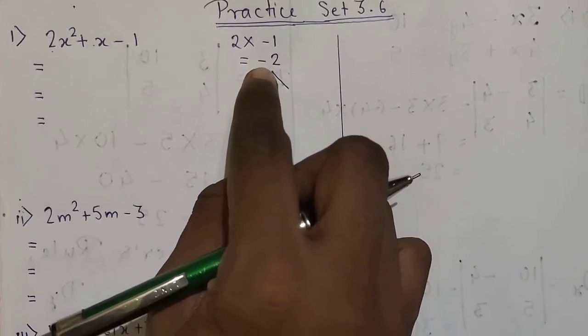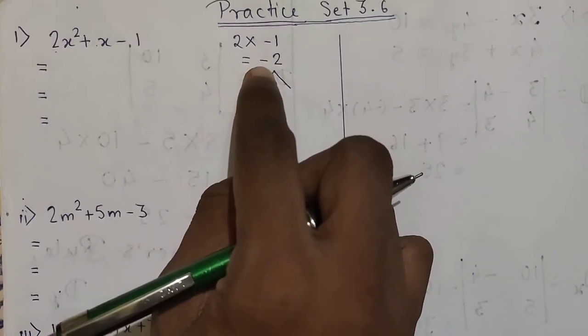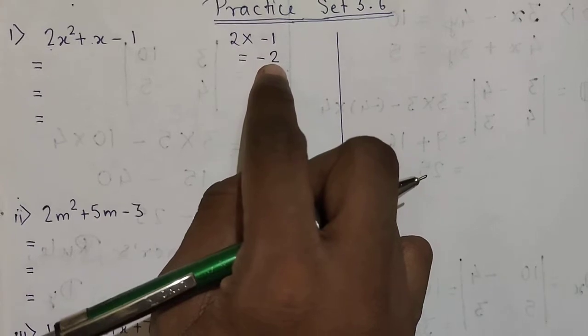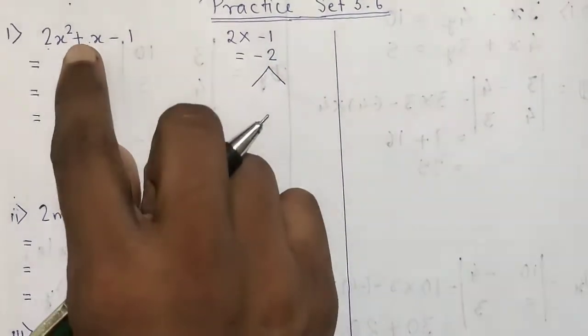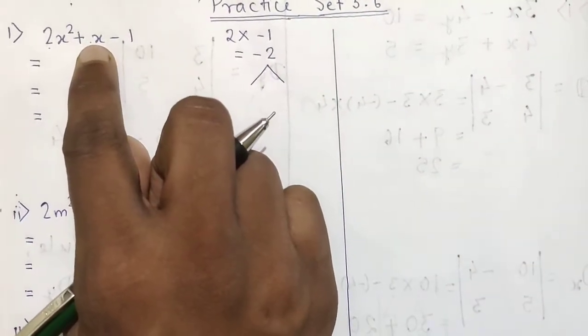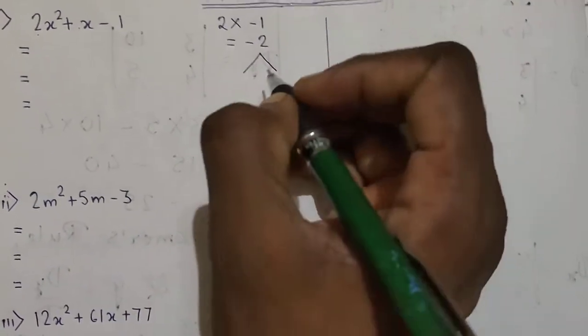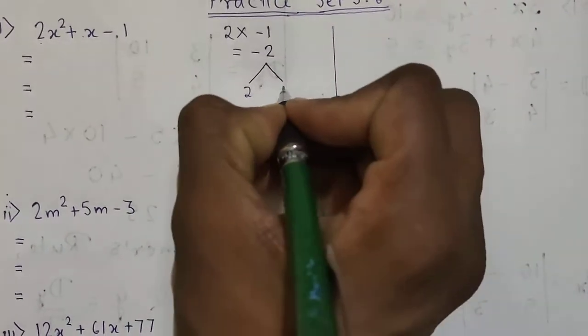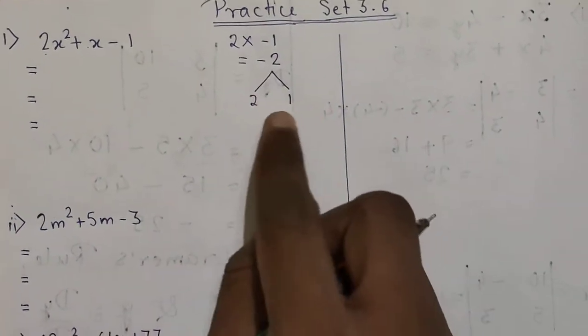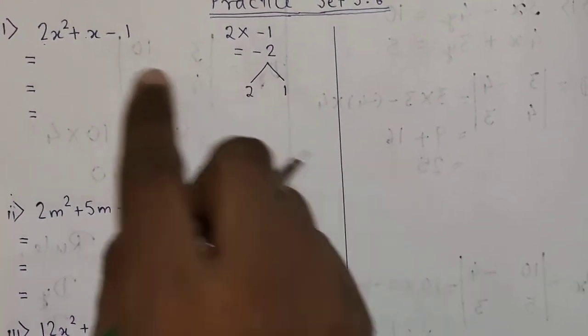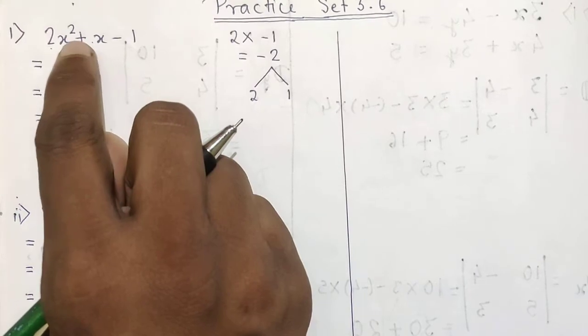So this minus sign means you need to make 2 parts of 2 such that their subtraction gives you the middle number, that is 1. And you know 2 ones are 2. Only one part is possible, that is 2 ones are 2. Okay, and if you subtract 2 and 1, you are going to get 1. Now what you want?